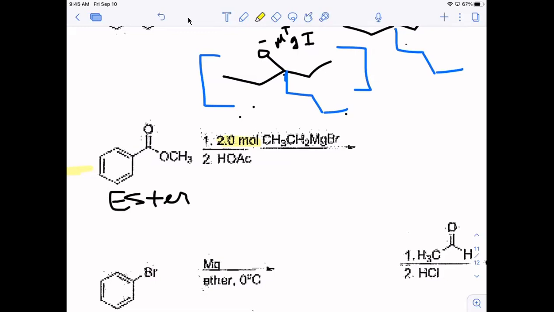And how do you know? 2 equivalents of Grignard, I'm adding it to an ester, not a ketone. I can't add it to a ketone because that ratio is always going to be 1 to 1. Same with an aldehyde, that's going to be 1 to 1. An alcohol. I'm going to get an alcohol. What is it going to look like? You're absolutely right. What is it going to look like?